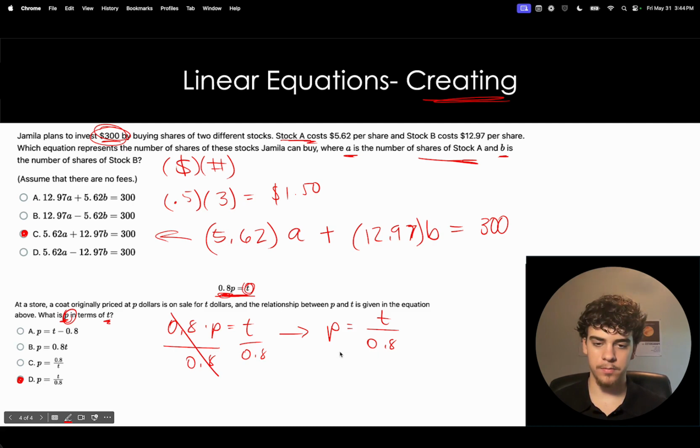Now what you'll see is that D matches the answer perfectly, but sometimes they'll write it in a different form. So for example, in this case, dividing by 0.8 is basically the same thing as dividing by 8/10.